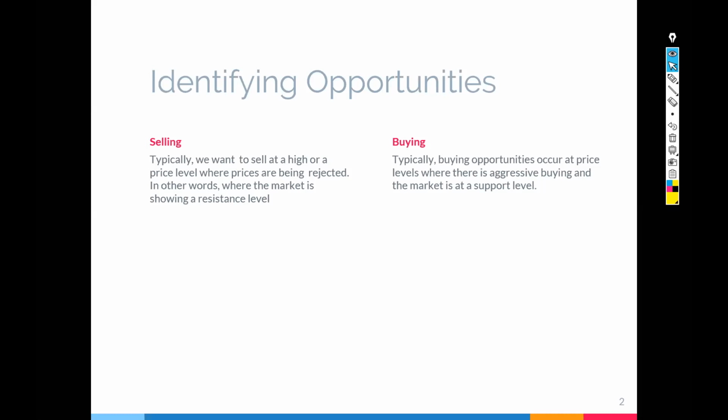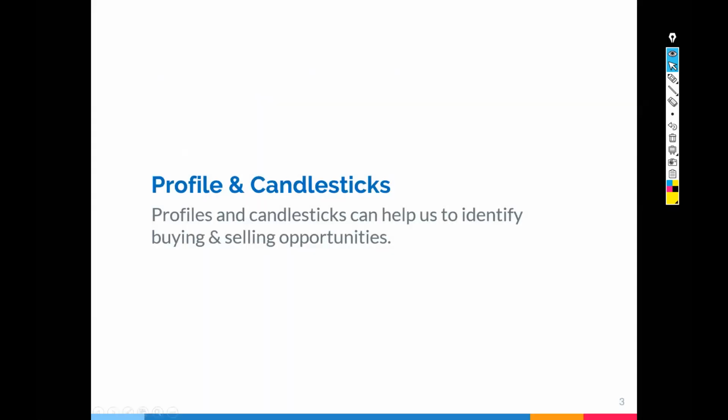And typically, where does this happen? Well, we tend to see selling that actually is productive at levels of resistance in the market, and we tend to see aggressive buying or even responsive buying at levels of support in the market. And so perhaps then our starting point should always be to try to identify these key levels.